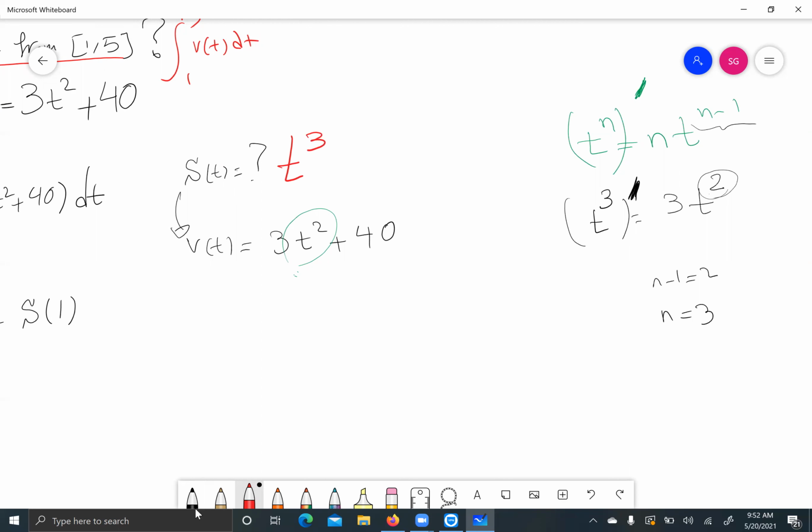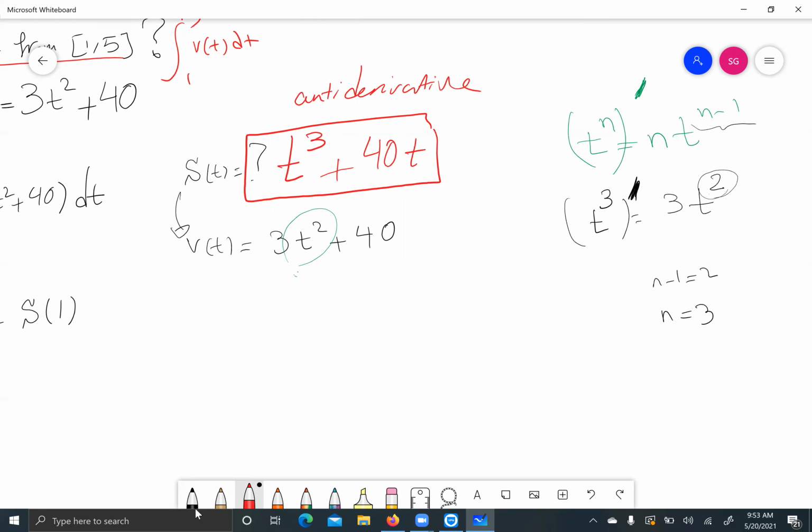And then for 4t, this is going to be 2t squared, because this is the antiderivative function. Why? Because if you take the derivative of t cubed, it's going to be 3t squared, and the derivative of 2t squared is 4t.